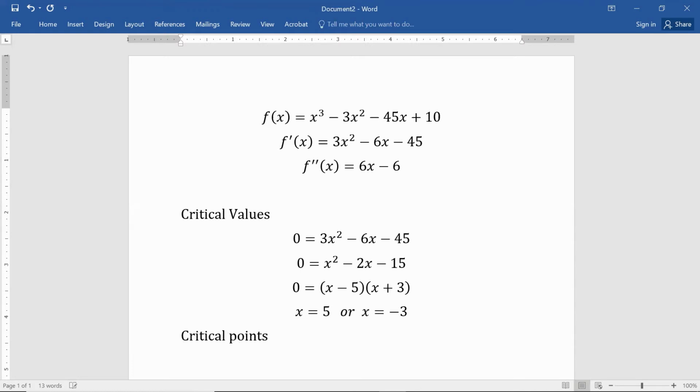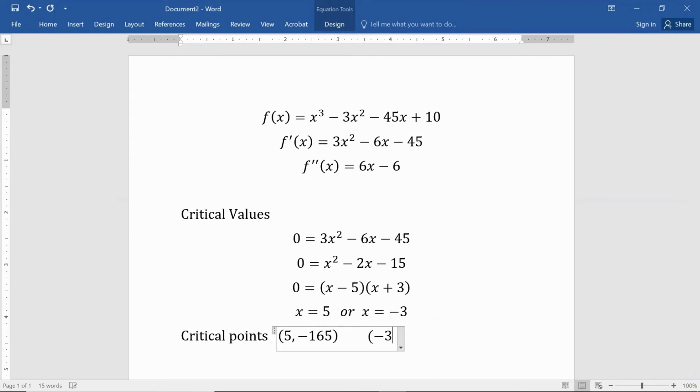For the sake of completeness, I'm just going to write the critical points. If you plug 5 into the original function, I ended up with 5 comma negative 165 as my critical point with x value 5.